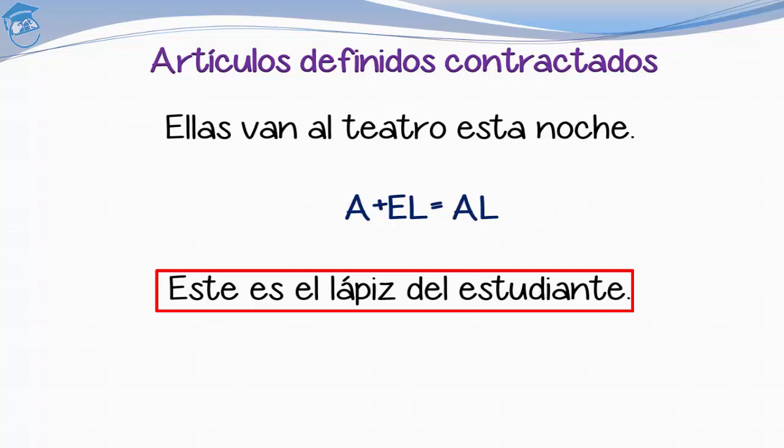Del estudiante. De él. If you put it together, you have del. So as you can see, this combination is not correct to say a él. You should say al. In the same way with de él, you say del.